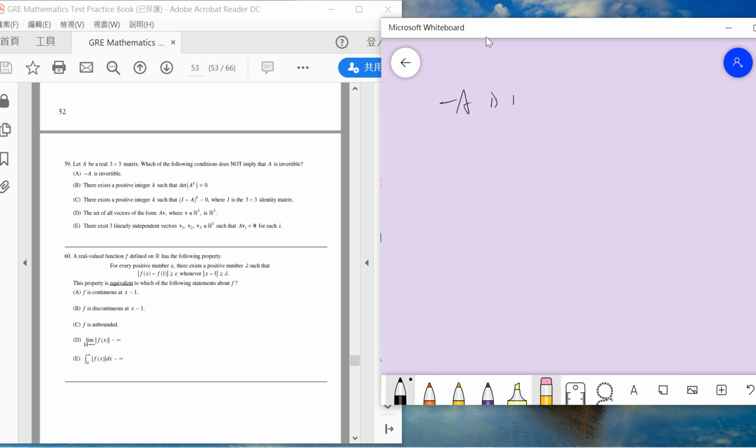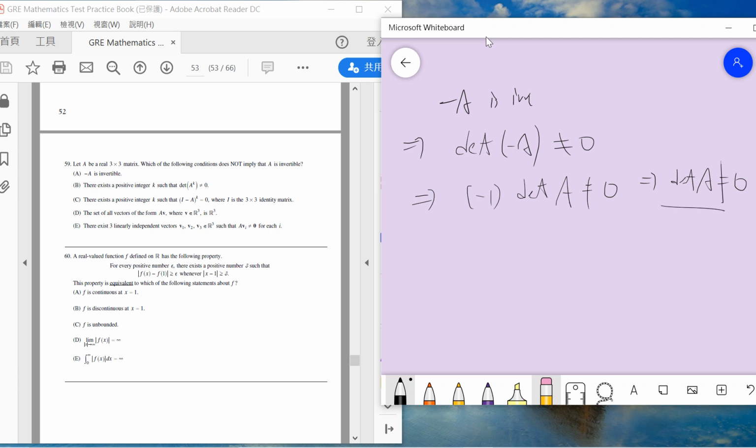Minus A is invertible, so the determinant of minus A is non-zero, and the determinant of minus A is just minus the determinant of A, which is non-zero, so the determinant of A is non-zero. So A is correct.